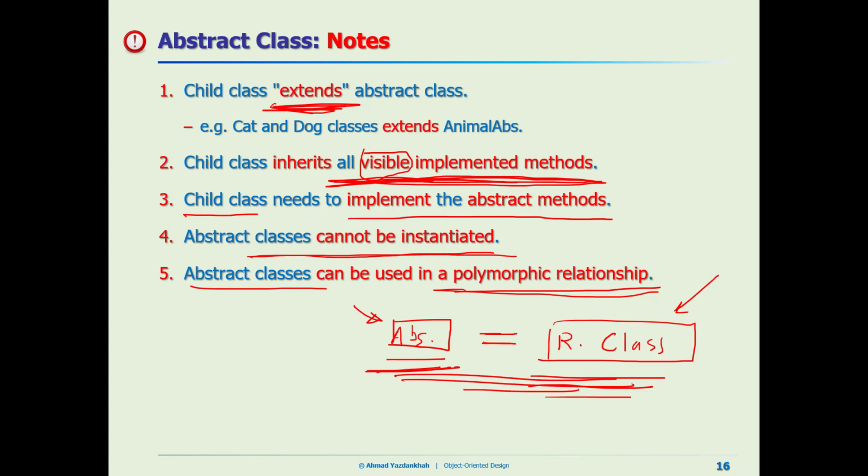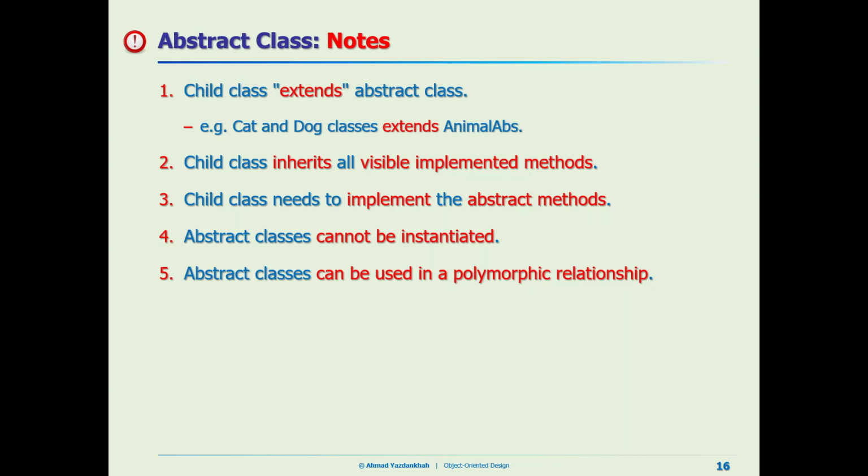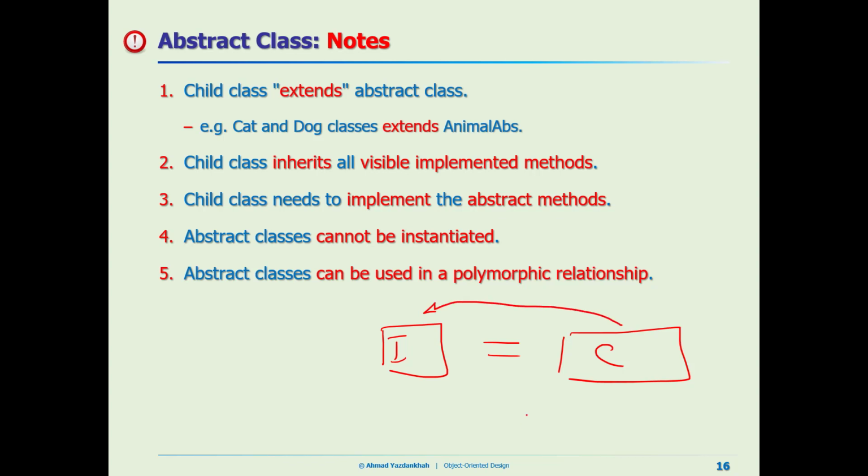If you have an interface and a class that implements this interface, there is an is-a relationship between this concrete class and this interface. That's why you can use the polymorphic relationship here. The same thing can be said for the abstract class, so you can put an abstract class here as well.